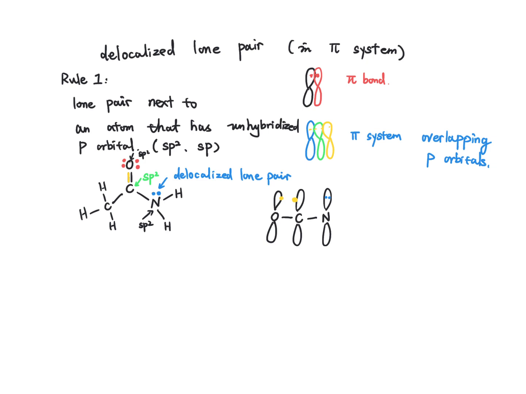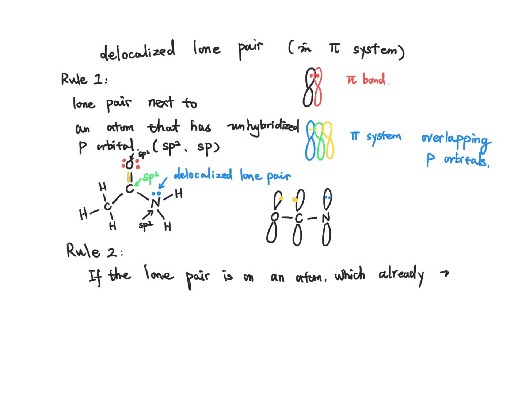And rule 2. If a lone pair is on an atom which already used its p orbital, then this lone pair is localized, because you don't have that p orbital for this lone pair to sit in, so the lone pair needs to sit in the hybridized orbital.